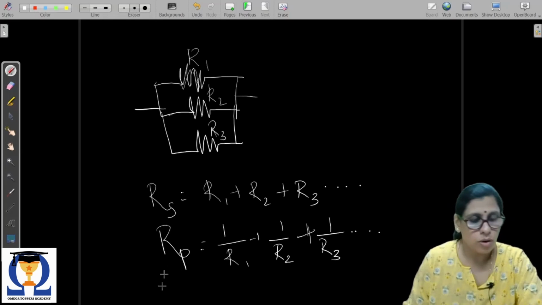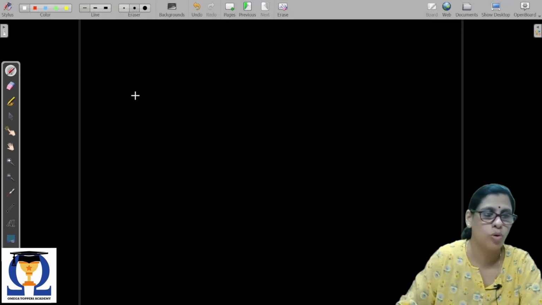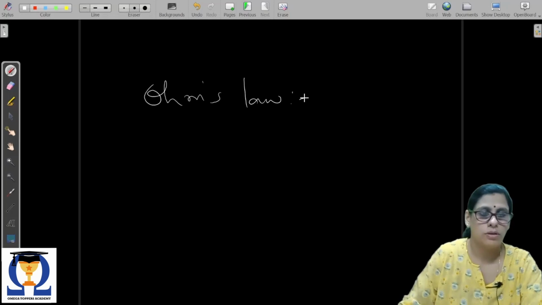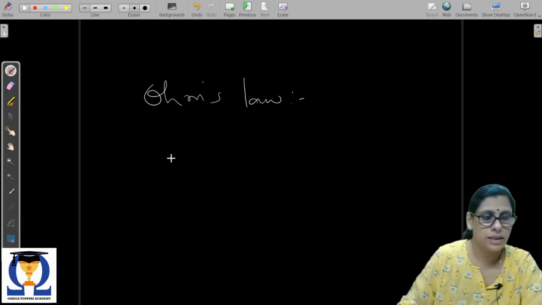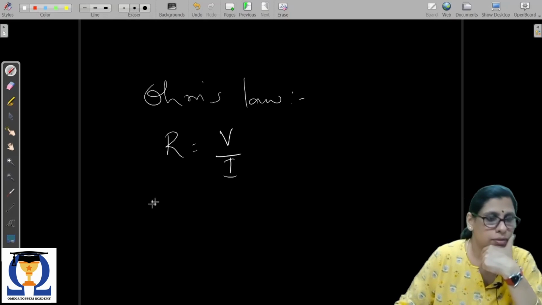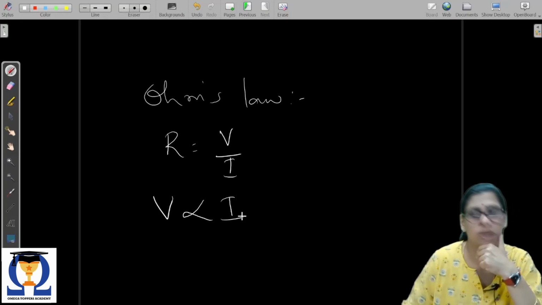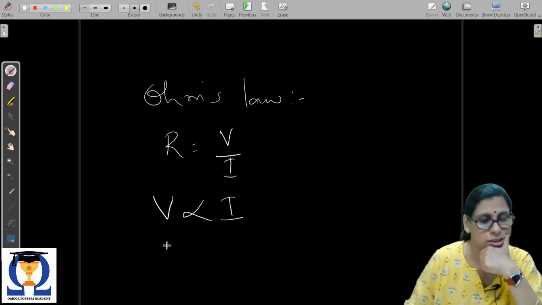Now coming to the concept of Ohm's law. So what is actually Ohm's law? Ohm's law is given by R is equal to V by I. The voltage in any circuit is directly proportional to the flow of electric current in a circuit.